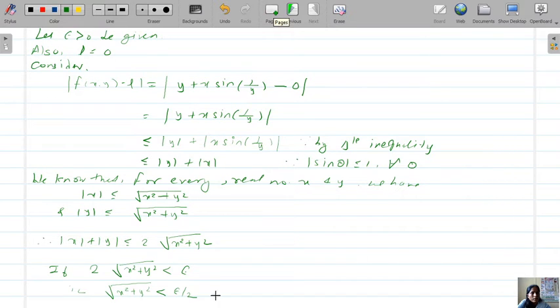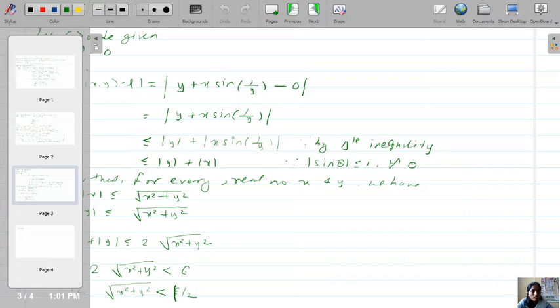Likewise, we did this in first year to show that limit of a function of one variable is equal to L. So here we are going to show the limit of a function of two variables. So choose which delta? Whatever that last term is there, this term is nothing but your delta.